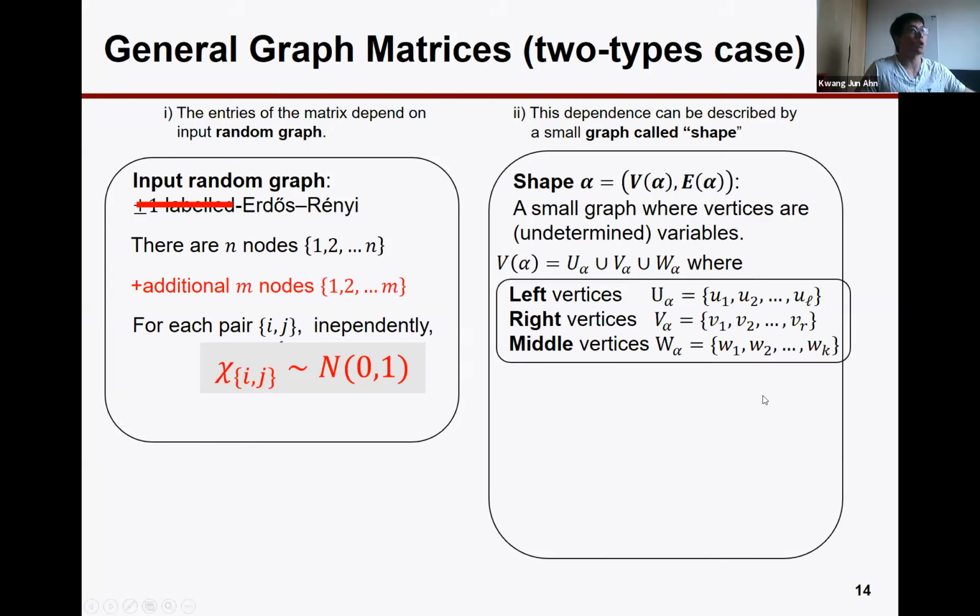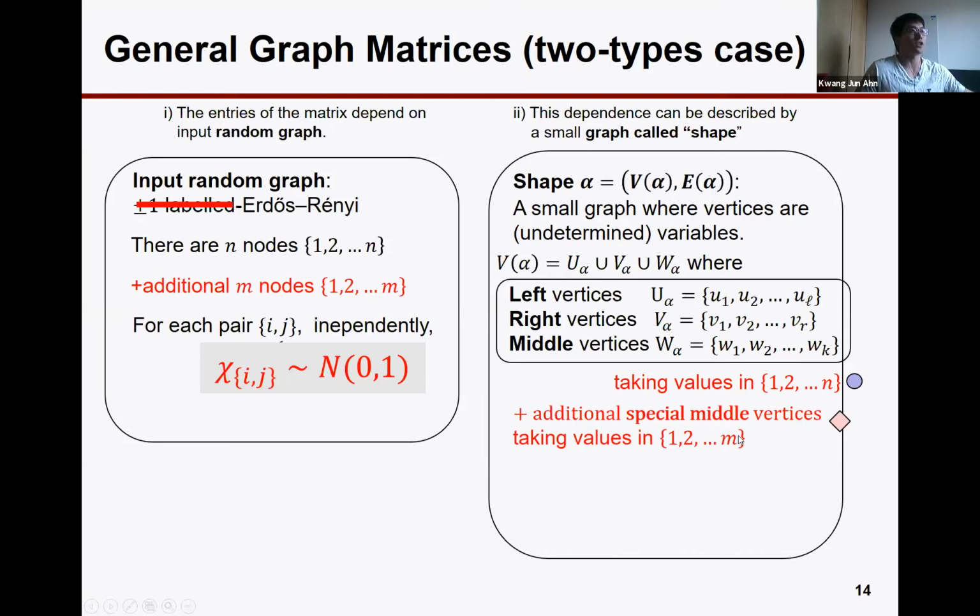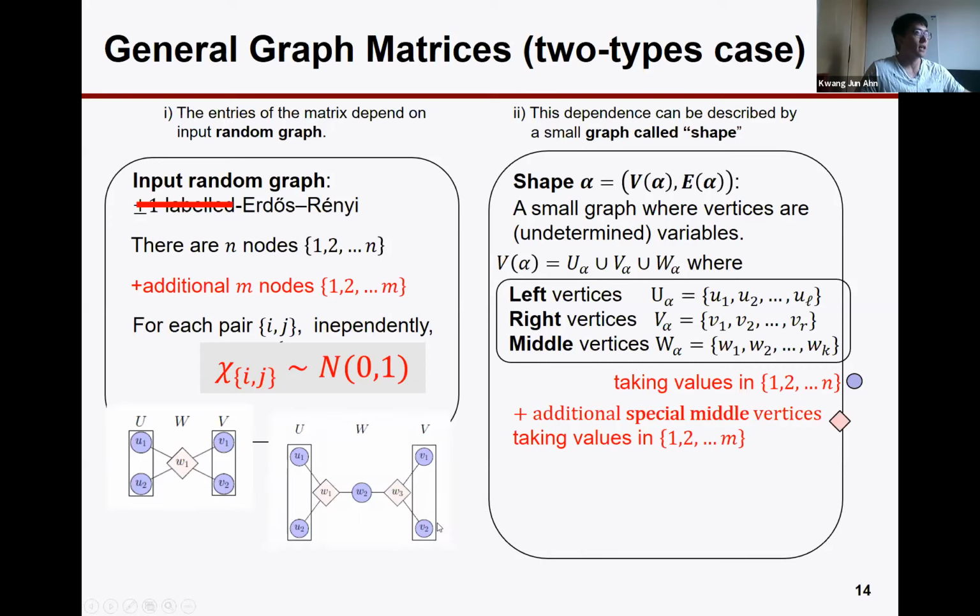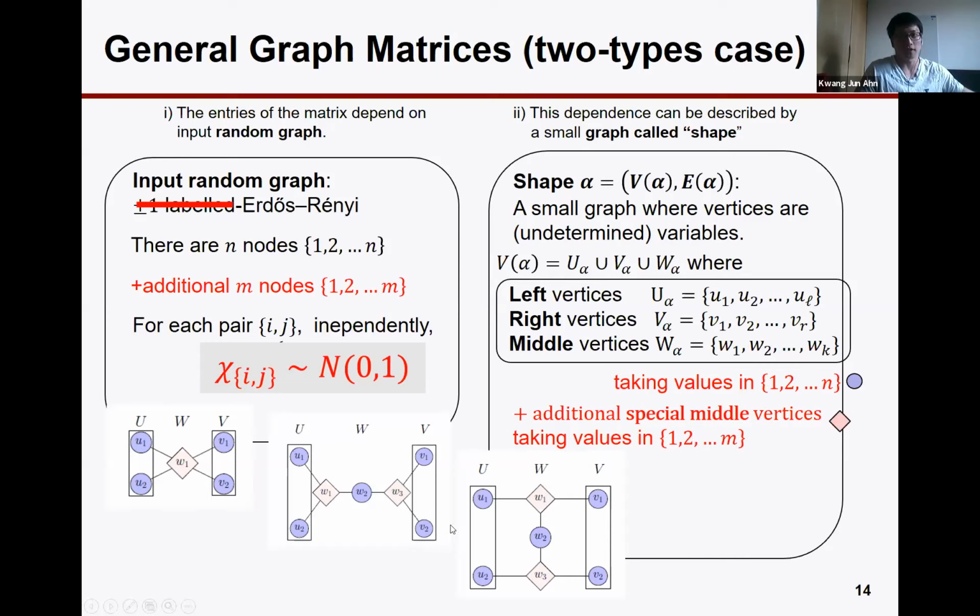On the shape side, all those vertices take values in 1 to n, and they can be described by these circles. But we additionally consider special middle vertices, which can take values in 1 through m, and they're described by these diamonds. Okay, so for example, this will be one. And the two examples that I covered in the previous slide as motivating examples will be other examples too.